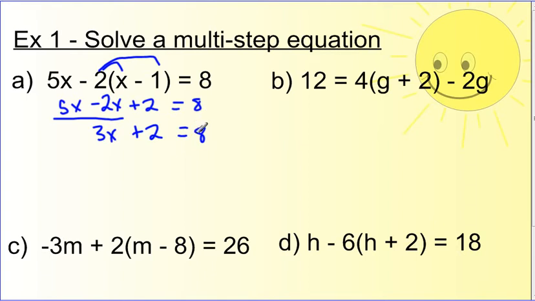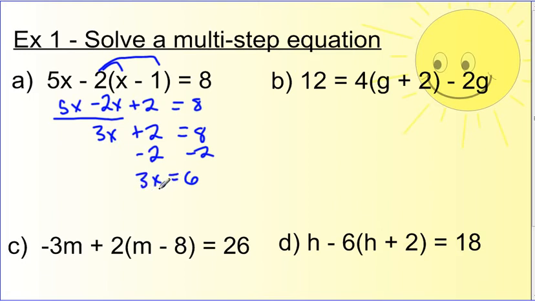Okay, step 3 was, if you have a variable on both sides. Well, I don't. I only have one x, only one variable, so I don't have to worry about step 3. Step 4, get rid of the other terms by adding and subtracting. So my variable is being added by 2, so I subtract 2. 3x equals 6.